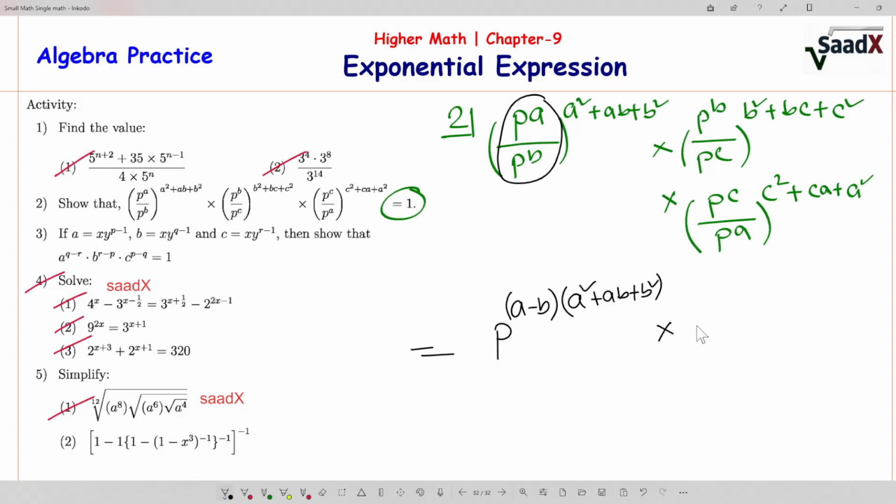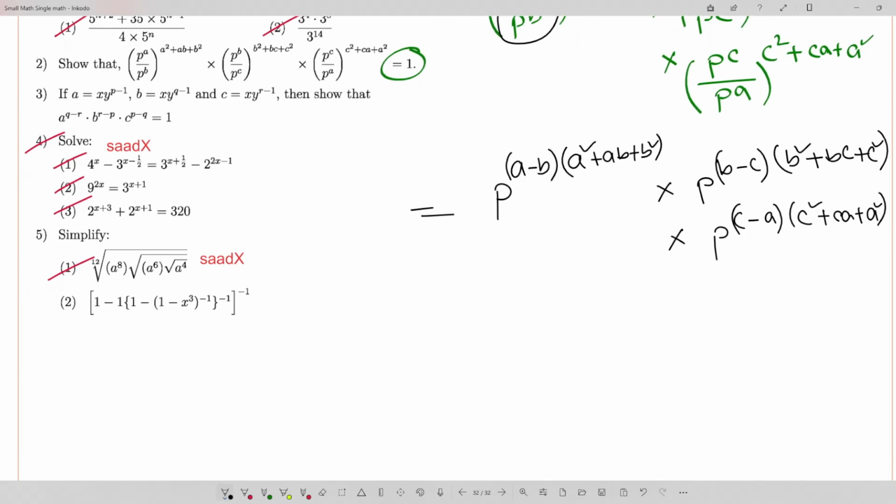Similarly, here is p to the power b minus c times b square plus bc plus c square, times similar thing p to the power c minus a times c square plus ca plus a square, right? Now look, here is p, here is p and also here is p.